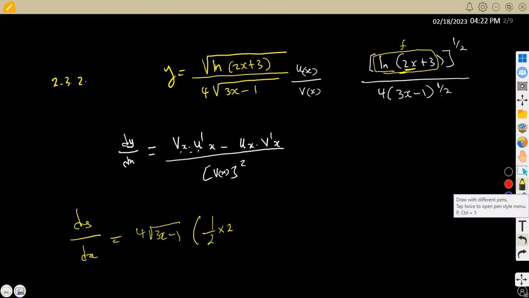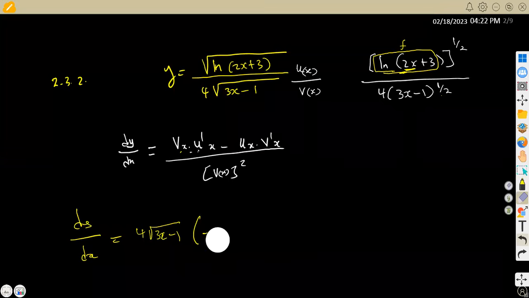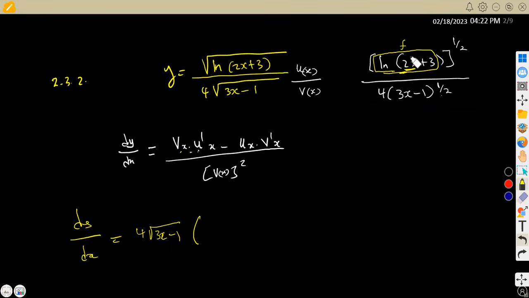I'm repeating the same thing here, so let me start with the ln. If we start with the half here, it is going to be 1 over 2, then we have the ln of 2x plus 3, like this.